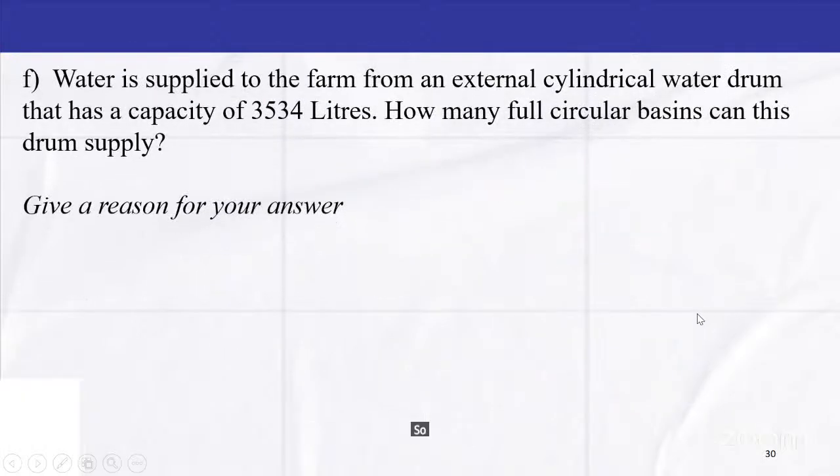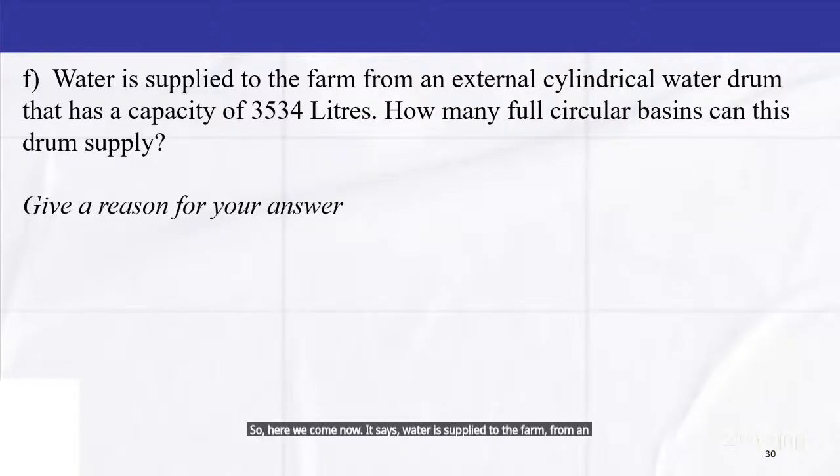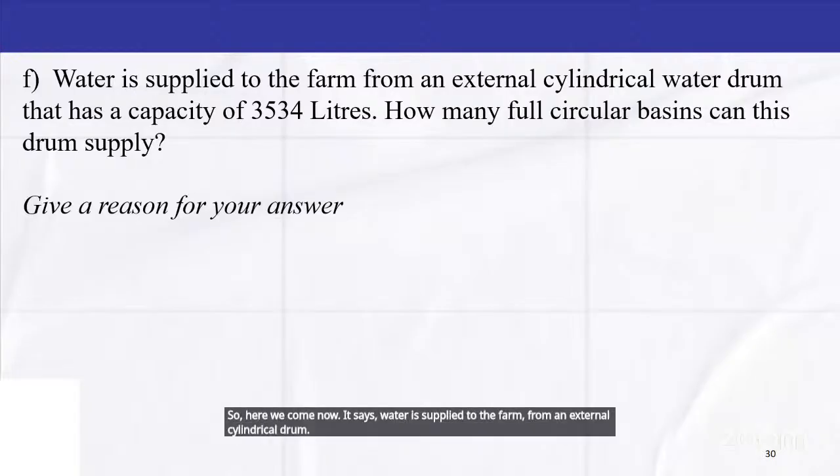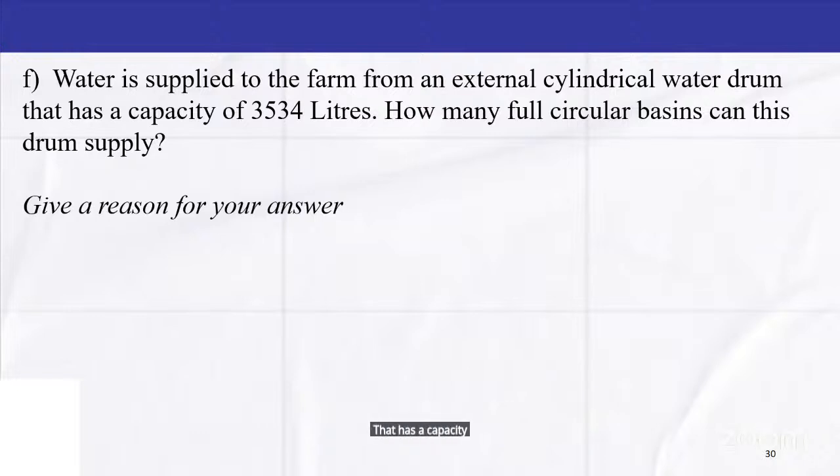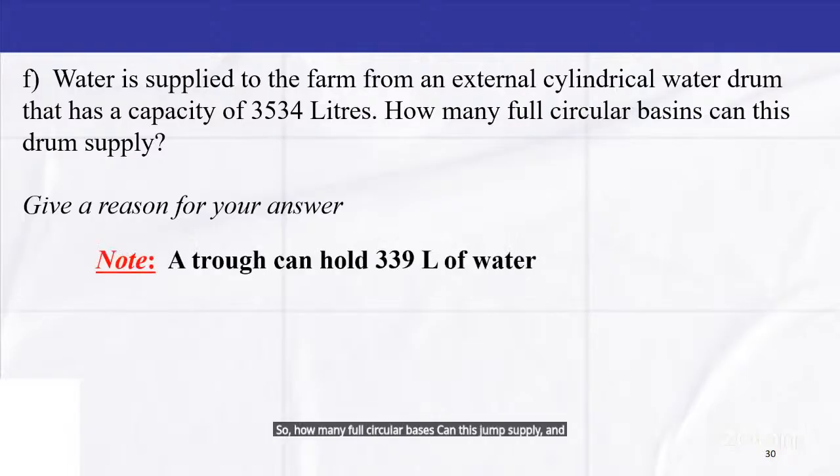So here we come now. It says water is supplied to the farm from an external cylindrical drum that has a capacity of 3,534 liters. So how many full circular basins can this drum supply? And we are to give reasons for our answer.